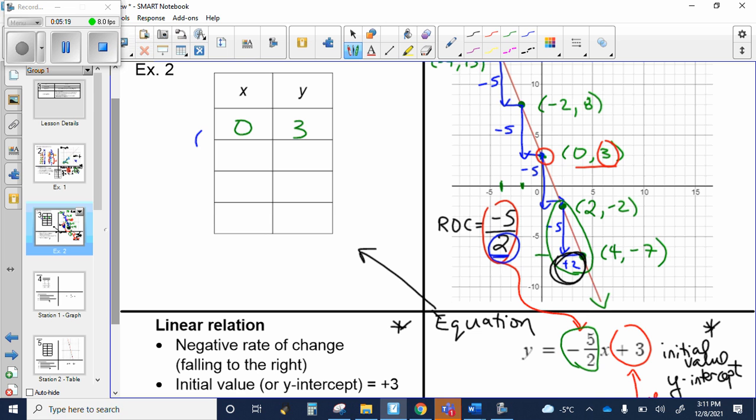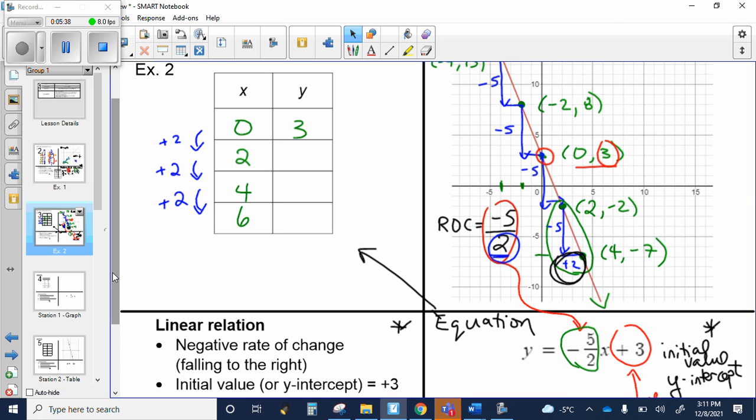So that would be this, much like the movement horizontally on our graph. So if we do that and add 2 each time, we'd end up with that.